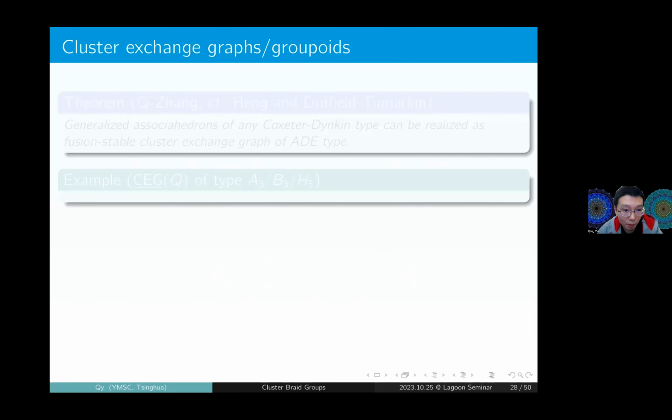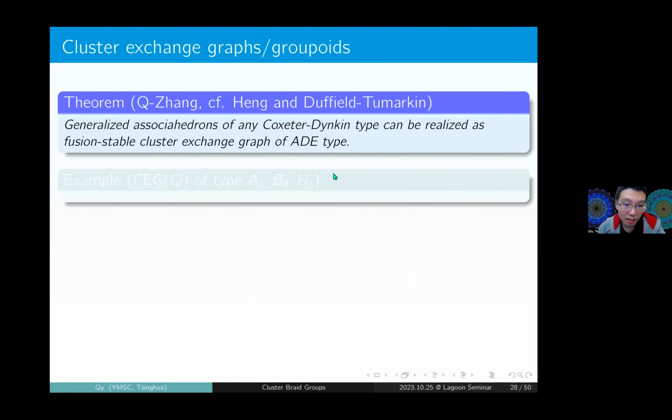And the point is that, based on the work of Heng and Dufrio and Tomakin, I have this preprint with Shouting that we can show that the generalized associahedron of any Coxeter-Dynkin type, so A, B, C, D, E, F, G, H, I, can be realized as some fusion-stable cluster exchange graph of ADE type. So use this fusion notion, basically the weighted case can be obtained from the simply laced case.